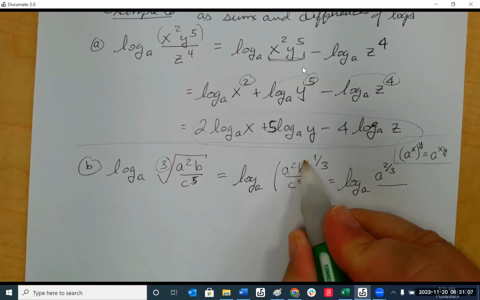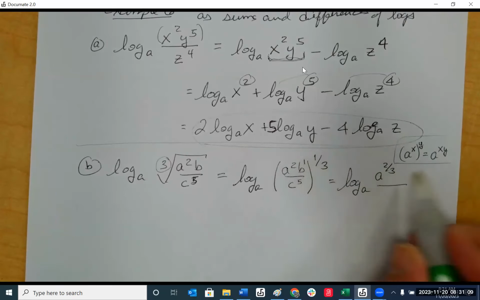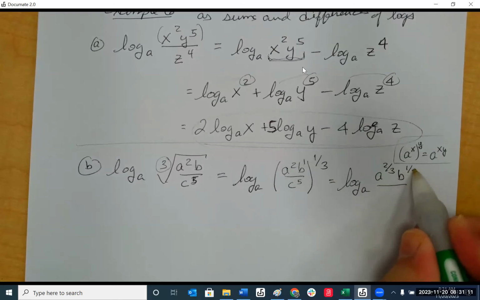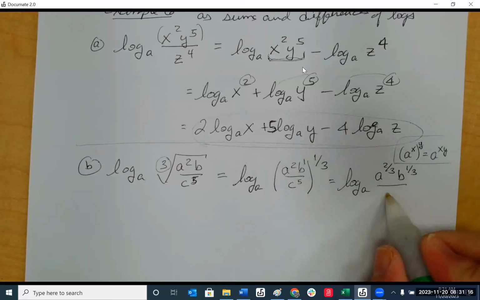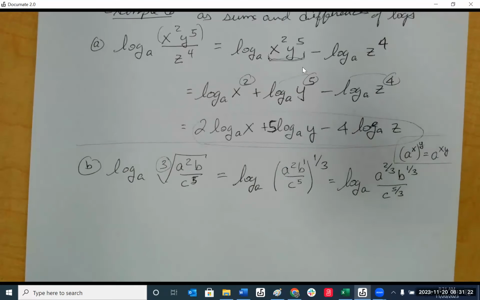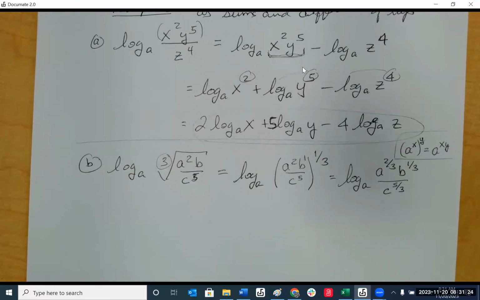B has nothing there, so it's an invisible 1. 1 times 1/3 is 1/3. On the bottom, we have C to the fifth divided by 3. That got rid of the radical, and that got rid of the parentheses.